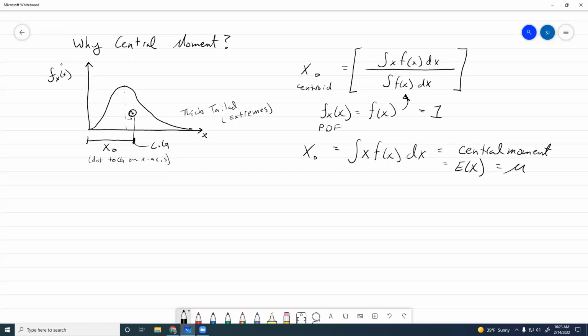So when we say central moments, moment about the x-axis, that's terminology from statics and mechanics. And the mean mathematically is the same as the distance along the x-axis to the center of gravity of a distribution. So that's why we do that. So central moment, and it's also known as the first moment.